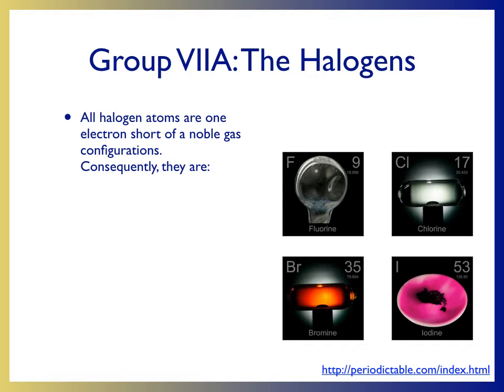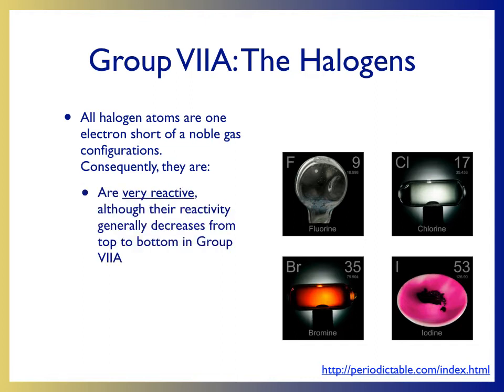There are a couple of consequences of this. The halogens tend to be the most reactive element within the same row. However, if you look at the halogens as a group, reactivity tends to decrease from top to bottom. This is due to the decrease in electronegativity.